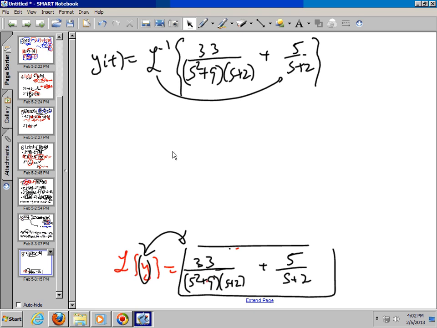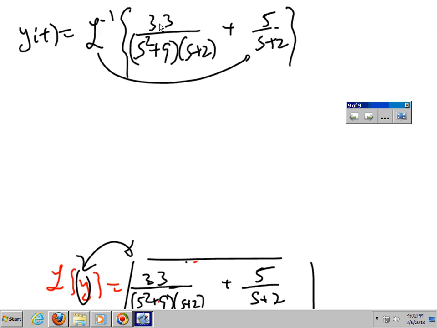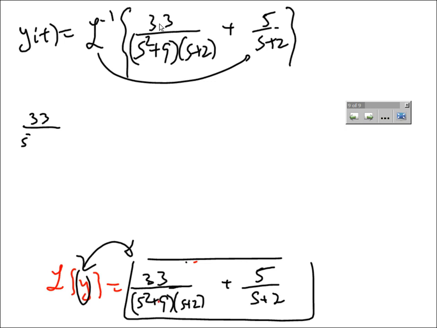Alright, so we just do the following. We want to write 33 over (s squared plus 9) times (s plus 2) as something over s squared plus 9 plus something over s plus 2. s squared plus 9 is a second degree equation, so I put a first degree on top: As plus B. And since the second fraction is linear in the bottom, I just put a constant on top.